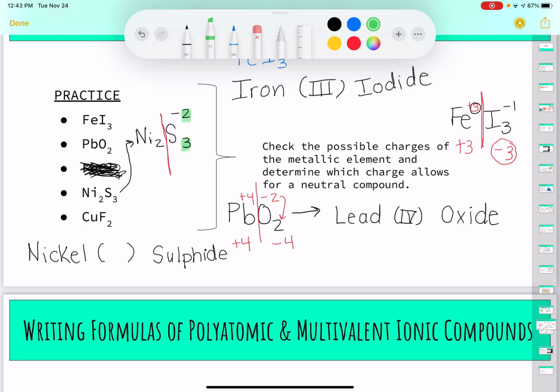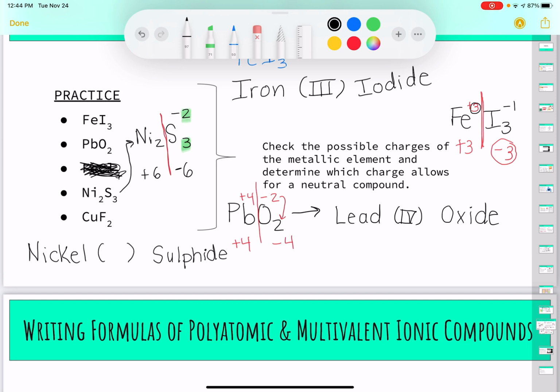These two numbers need to be multiplied together. Then 2 times 3 would give us 6. So that whole side is -6. That means that this whole other side has to be +6.